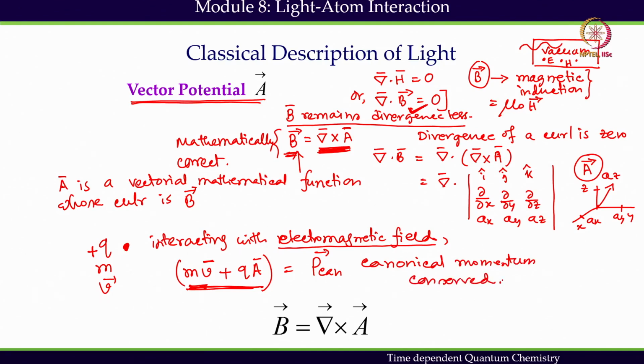We are not going to show the proof for this, but what is interesting to note is that this qA term needs to be added to the inertial momentum mv to fulfill the momentum conservation law of a charged particle in the electromagnetic field. So A has a big significance. This vector potential comes into the momentum conservation law.